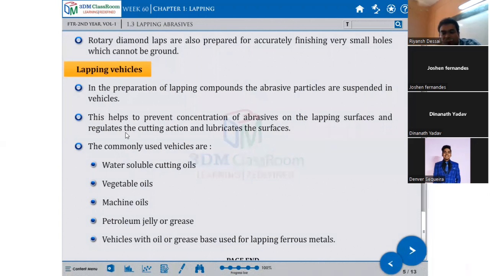Ferrous metals are all your irons. For MS flat lapping, you have to use vegetable oil or grease as a vehicle. The vehicle is a liquid mixed with the abrasive particle.